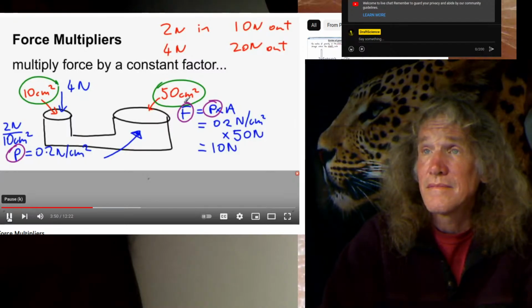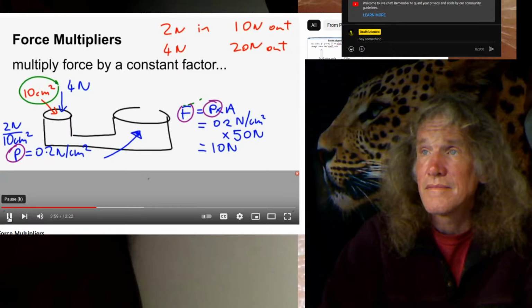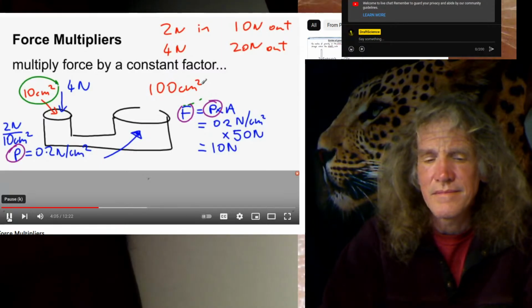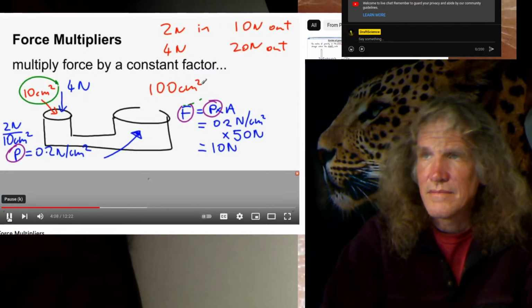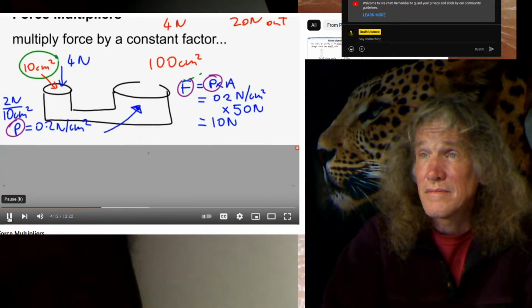I could maybe change this to a bigger one, 100 centimeters squared. Now my hydraulic system would multiply the force by 10 because the ratio of the areas is 1 to 10. So hydraulic systems, one example of a force multiplier, always multiply the force by a constant amount.